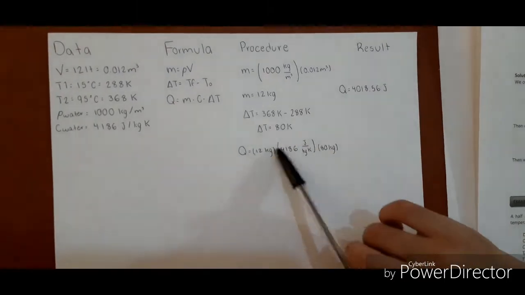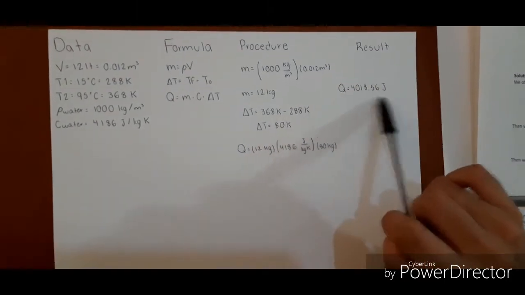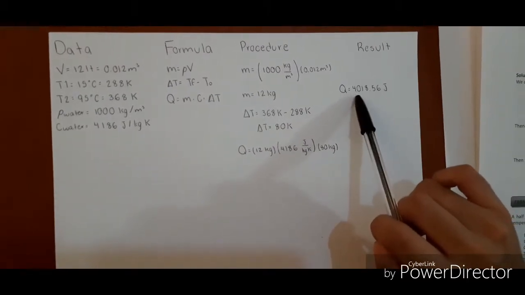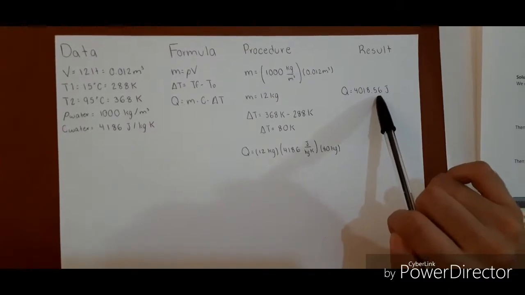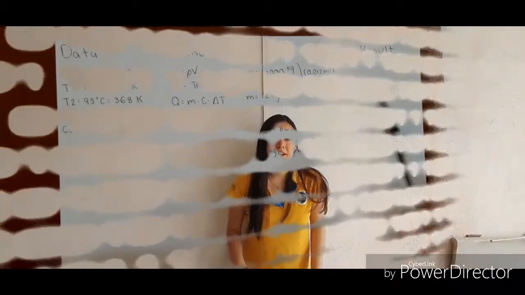So finally, after multiplying all this, we got that the result is going to be 4,018,656 joules.